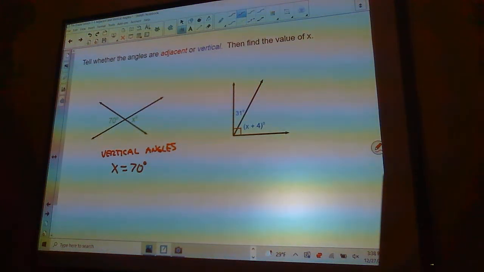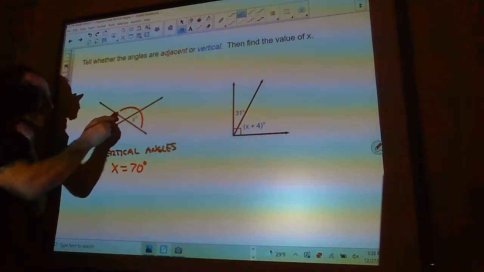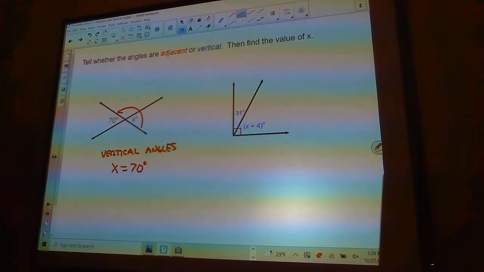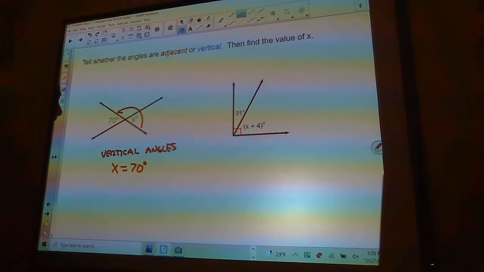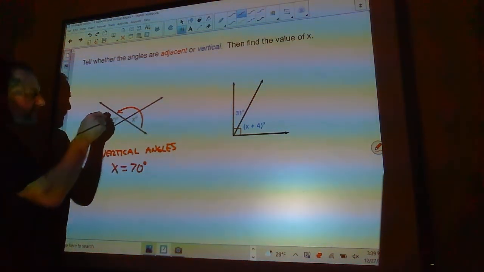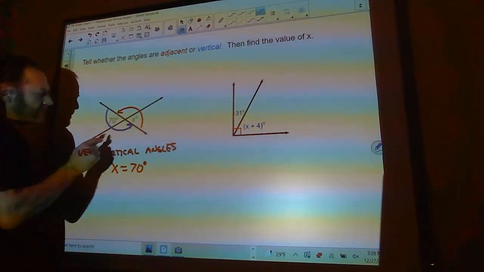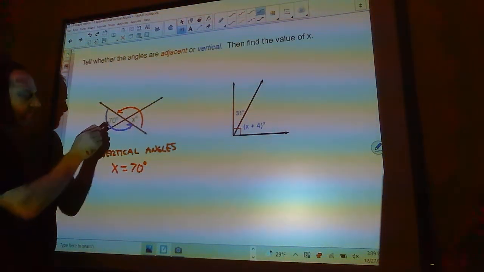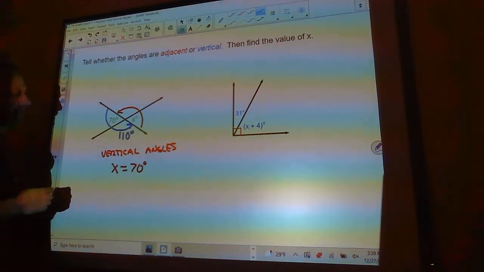Why is it 70 degrees? Well, if you think about it, these two angles right here are going to add up to 180 degrees because they form a straight line right there. So let's start with these two angles right here. These two angles add up to 180 degrees. One of them is 70. That means this one has to be 110 degrees.